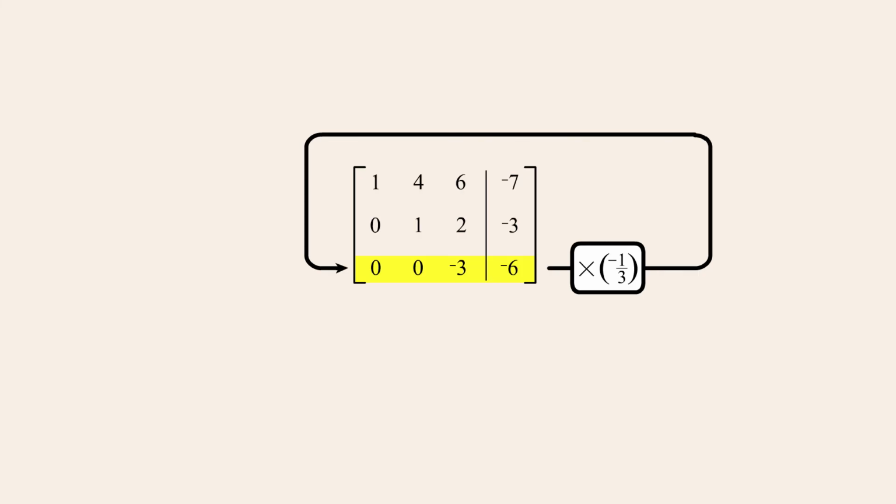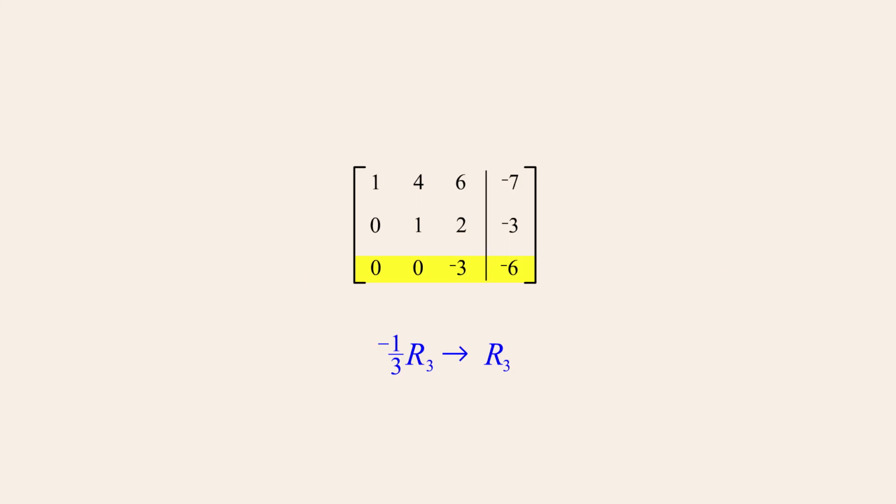We notate this by writing -1/3 times R3 followed by an arrow and R3. Multiplying row 3 by -1/3 gives us a 1 as the leading entry of the third row.